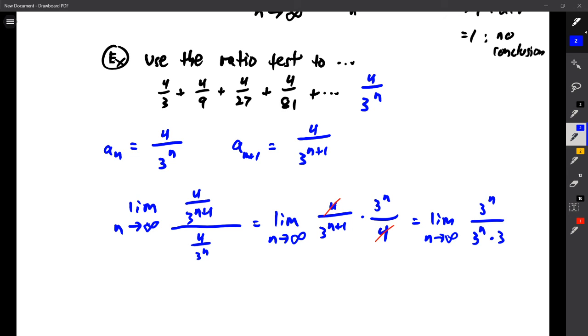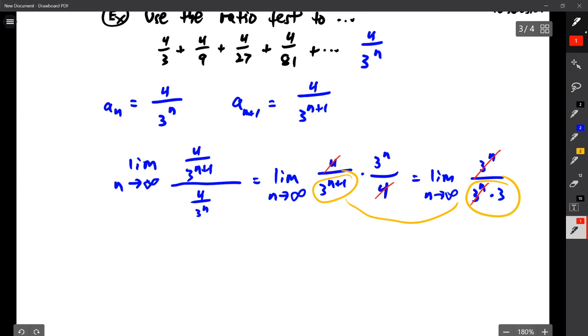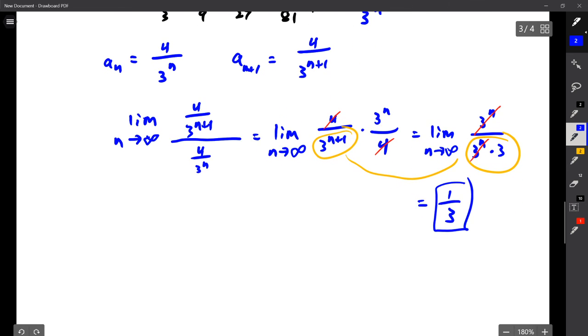So then my 3 to the nth and my 3 to the nth cancel, and I'm left with the limit equals 1 over 3. So because the limit is 1/3, I can conclude convergent, because the limit is less than 1.